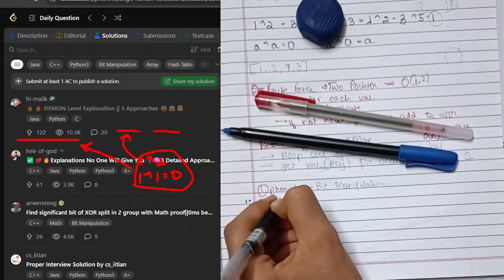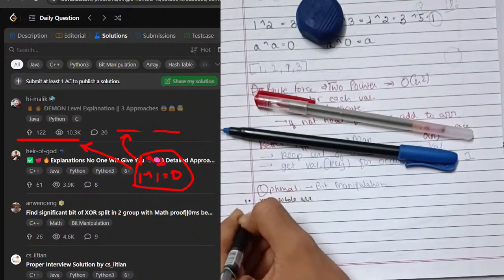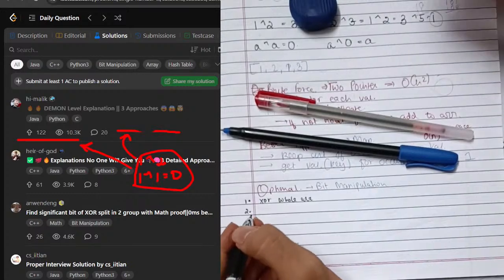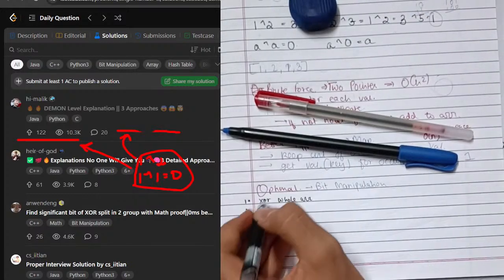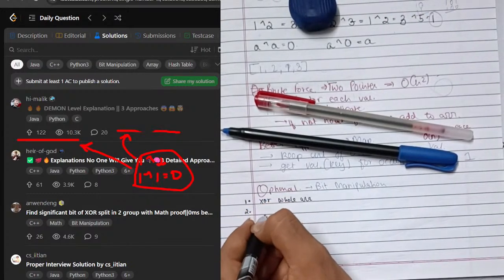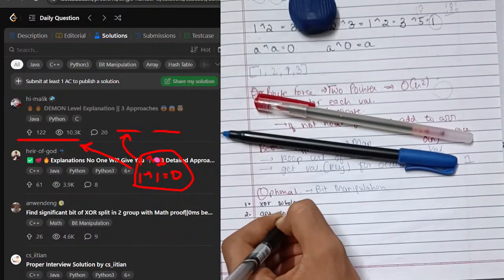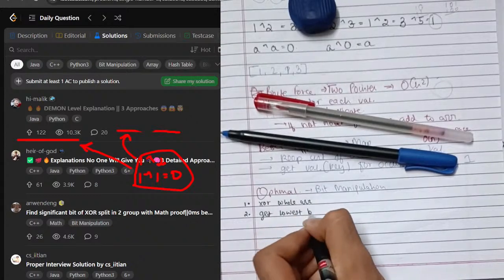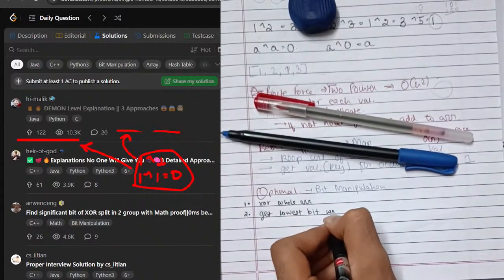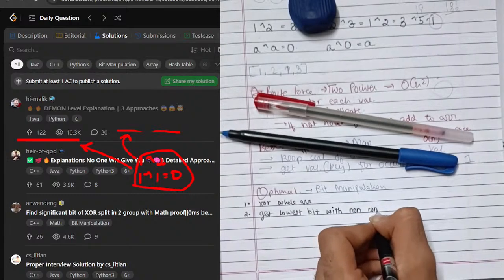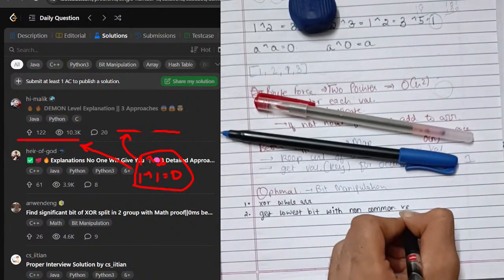XOR whole array. After this, get lowest bit with non-common value.